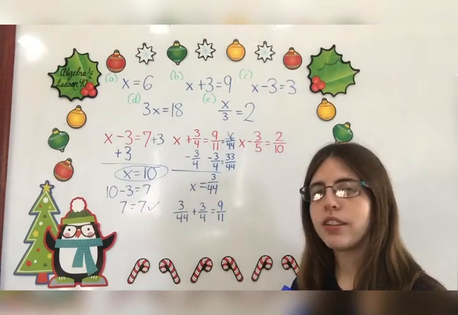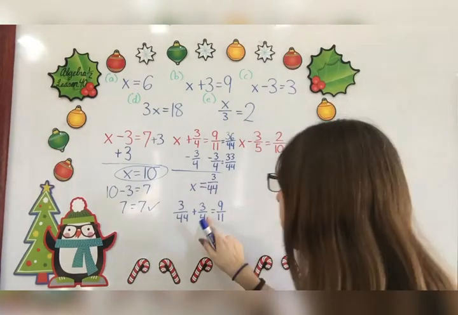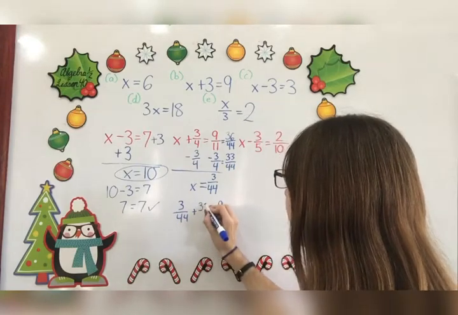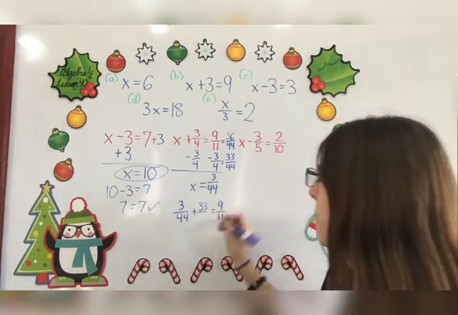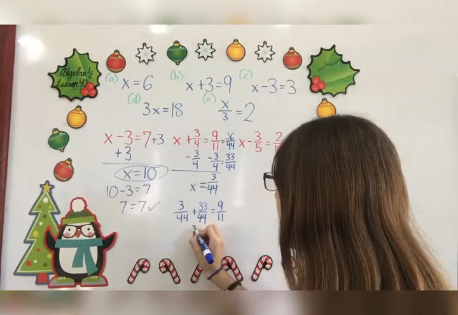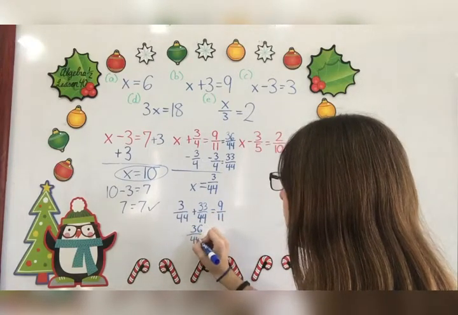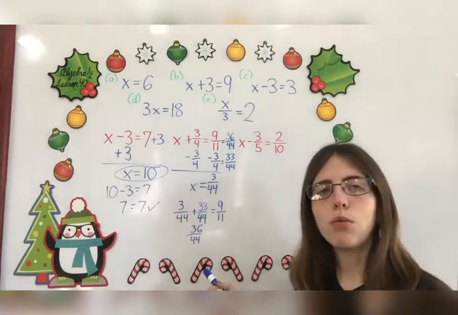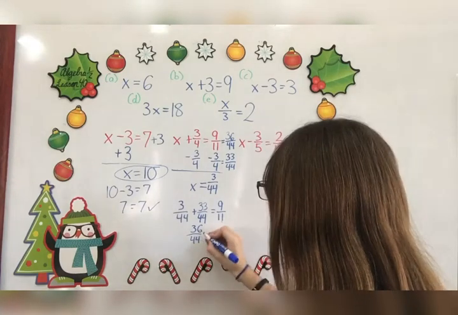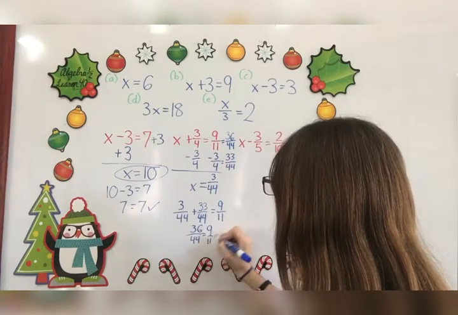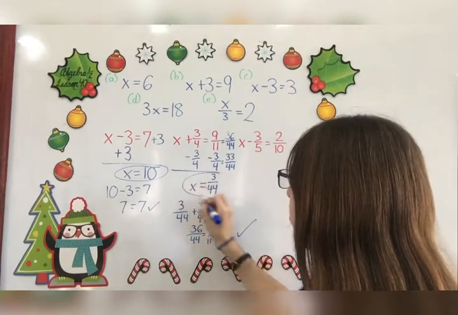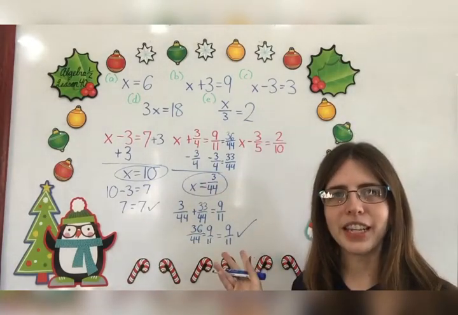So I have to change my 3/4 to 33/44 in order to add it together. That's a really easy conversion because I already made it up here. 3 plus 33 is 36 over 44, which I already know reduces to what? 9 over 11. So 9 over 11 is equal to 9 over 11. My problem checks. So x equals 3 over 44.